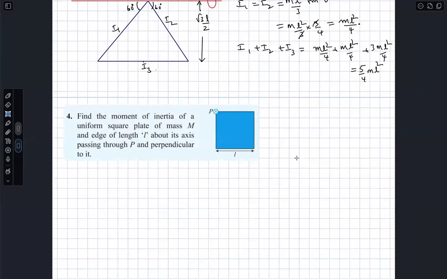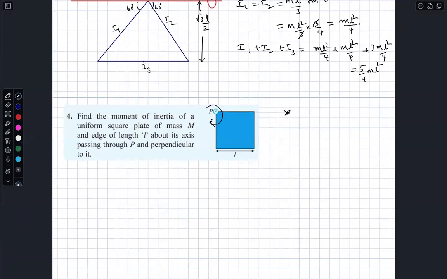Find the moment of inertia of a uniform square plate of mass m and edge of length L about its axis passing through point P and perpendicular to it. You want the moment of inertia about this point. We already know the perpendicular axis theorem.